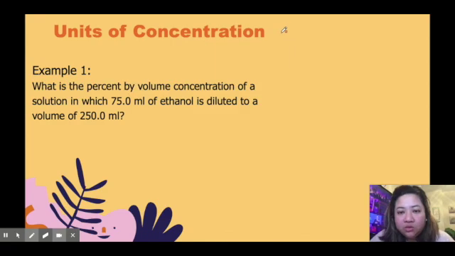I will use N for our unknown. So the question is, what is the percent by volume? Therefore, the unknown will be percent by volume. Forgive my handwriting. And now let's find the given.